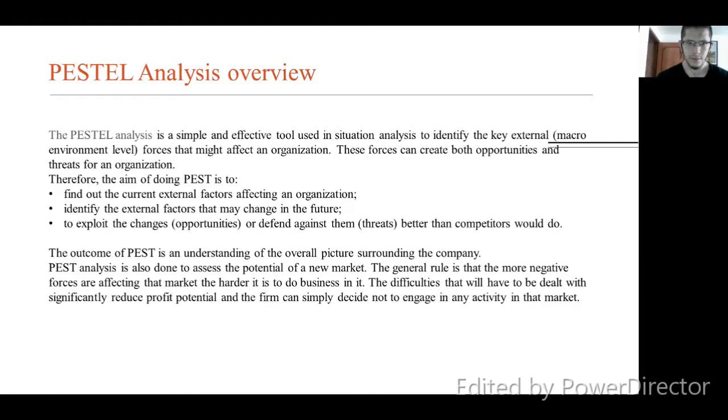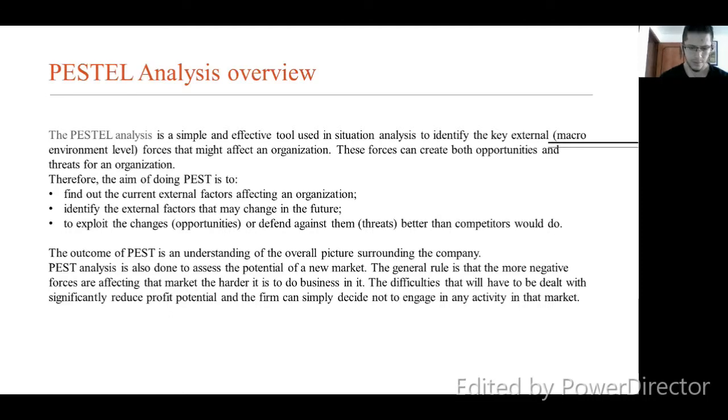So the aim of a PESTEL analysis is to find out the current external factors affecting an organization and not the internal factors like the SWOT analysis does. Then identify these external factors that may change in the future. So it's not just a static overview of your market, but you will go for that also in the future.